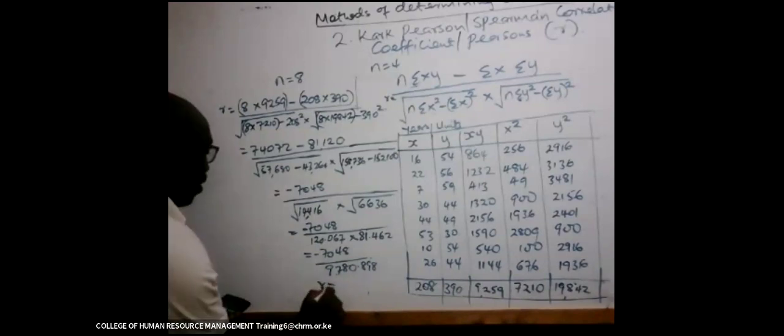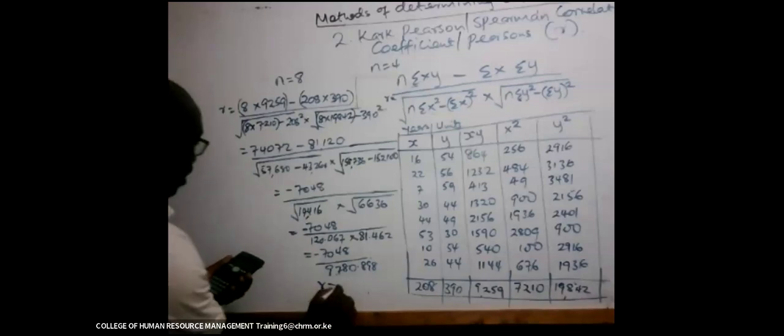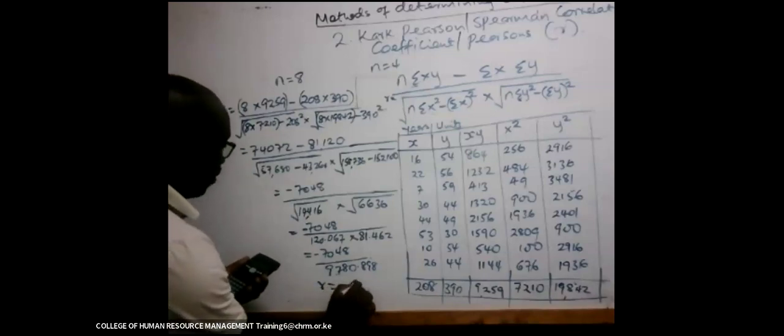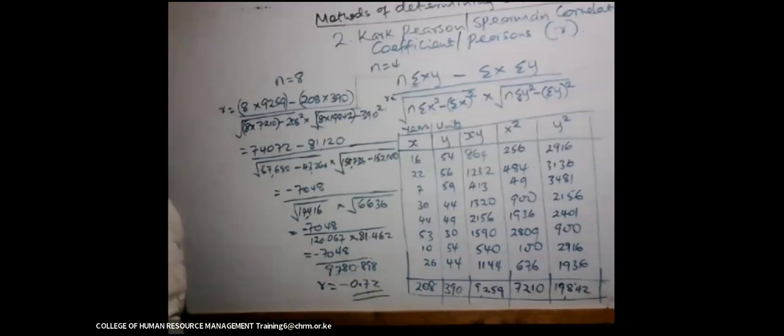So get me now the value of r. You simply divide negative 7048 by 9780.898. You get the answer is negative 0.72. And that is your r.